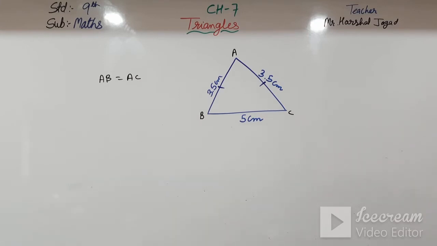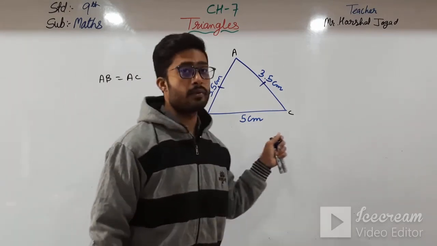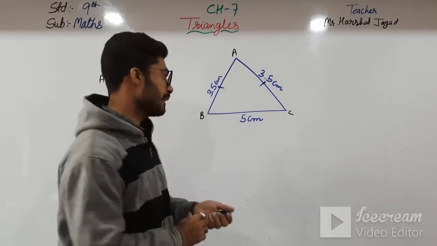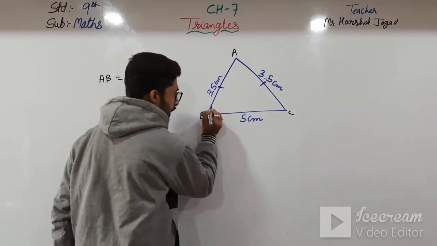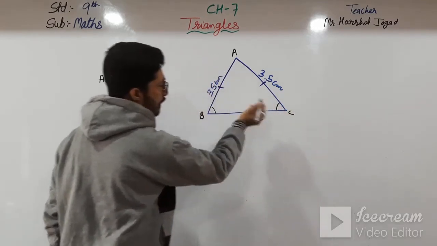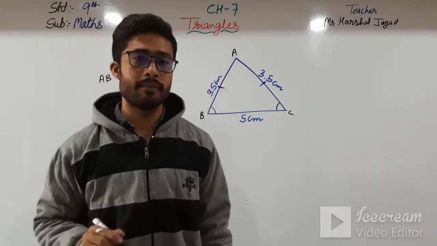How? Here the angles opposite to the equal sides are always equal. How can it be said that? Here they are talking about this angle and this angle. These both are the same. How are they the same?